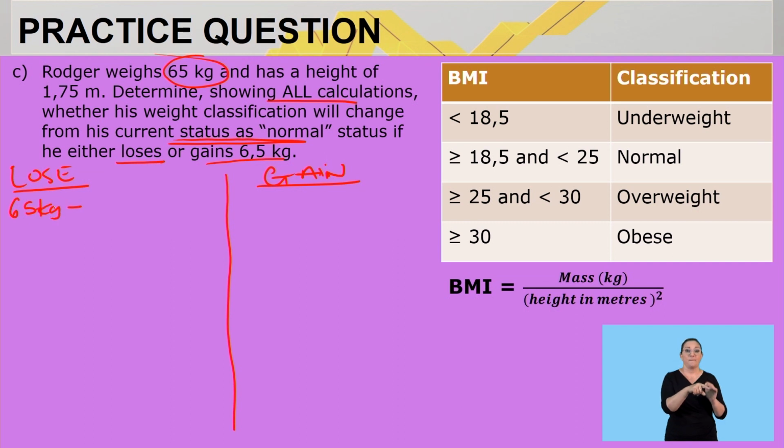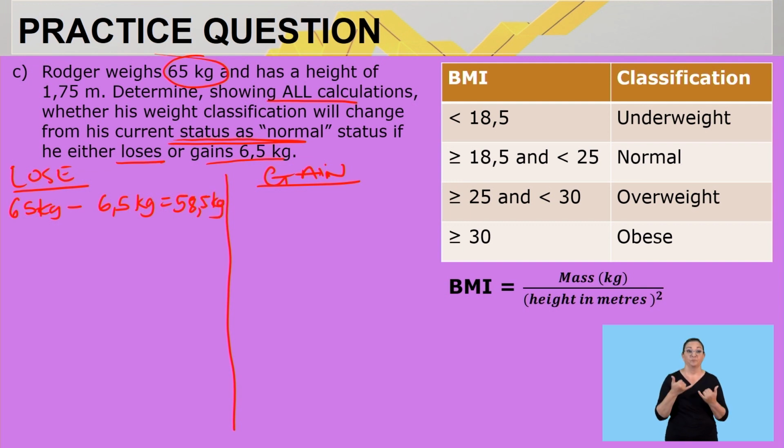What will happen if he loses 6.5 kilograms? Then he'll weigh 65 minus 6.5 equals 58.5. Remember, this is kilograms.